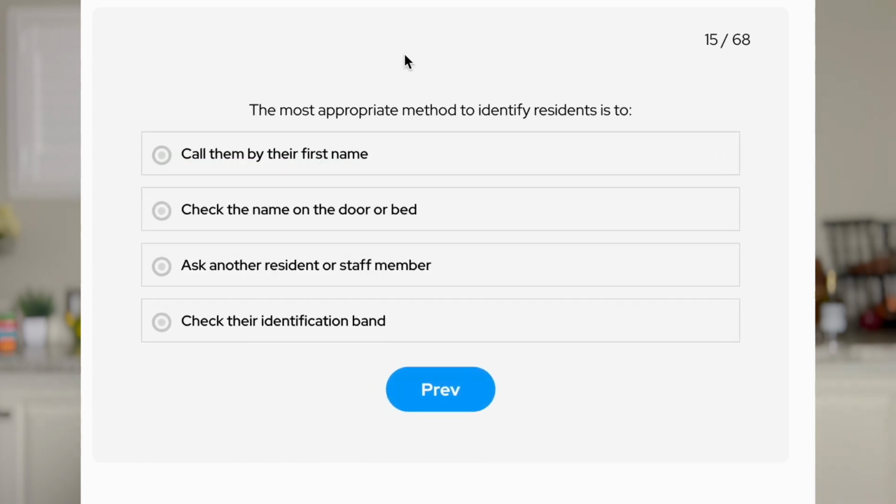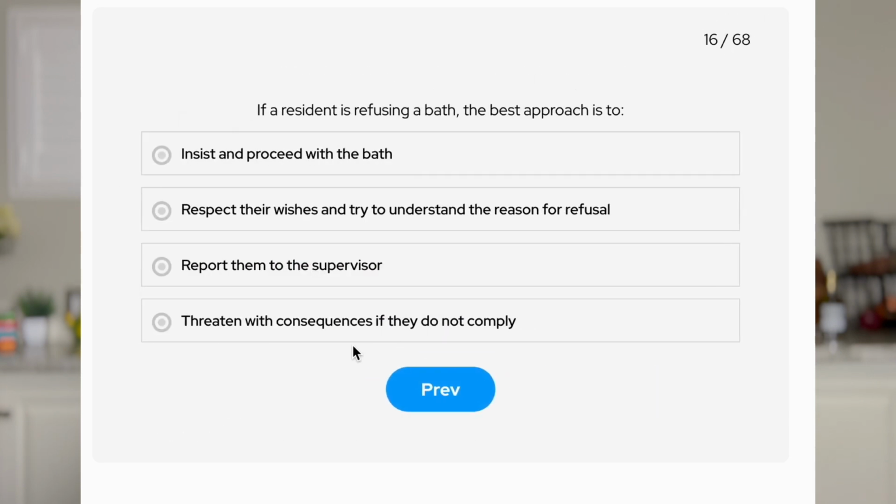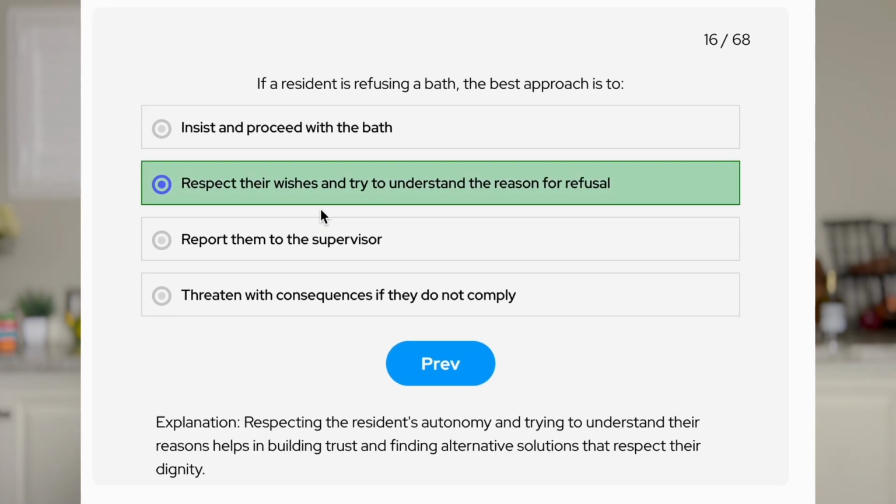The most appropriate method to identify residents is to check their identification band. If a resident is refusing a bath, the best approach is to respect their wishes and try to understand the reason for refusal.